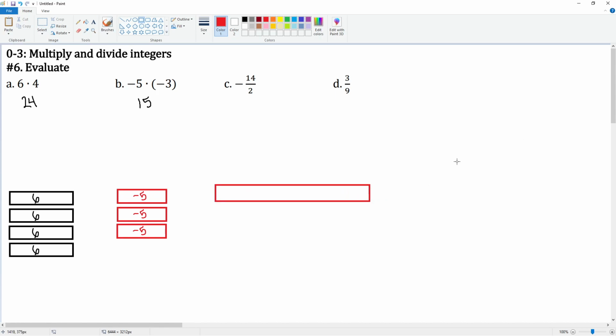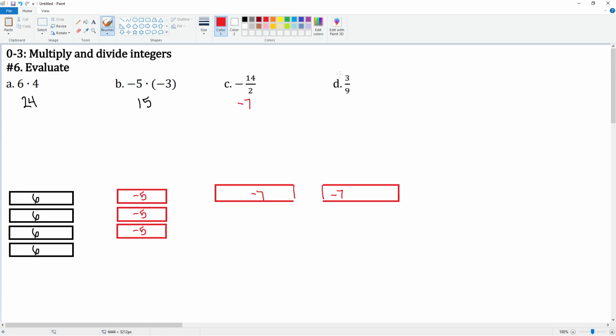And we're going to split that negative 14 into 2 parts. And the 2 parts that you have here are both negatives. The first part is a negative 7, and the second part here is also going to be a negative 7. So negative 14 divided by 2 is negative 7.